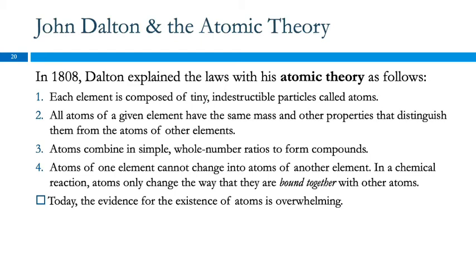Second, all atoms of a given element have the same mass and other properties that distinguish them from the atoms of other elements. 3, atoms combine in simple whole number ratios to form compounds. And 4, atoms of one element cannot change into atoms of another element. In a chemical reaction, atoms only change the way they are bound together with other atoms.